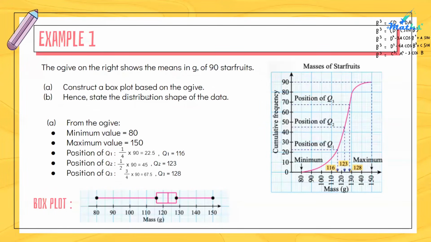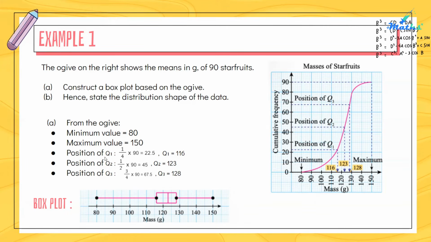Example 1. The ogive on the right shows the masses in g of 90 star fruits. A. Construct a box plot based on the ogive. B. State the distribution shape of the data. A. From the ogive, we know the minimum value is 18 and the maximum value is 150.